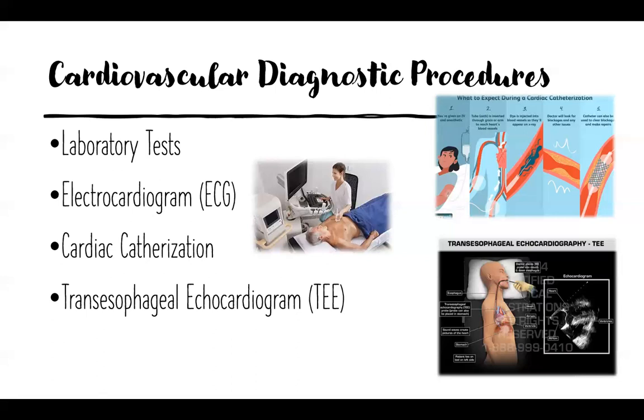All right, let's talk about the laboratory values. So serum electrolytes, right? And so that includes your sodium, your calcium, your potassium, magnesium, your chloride, right? So all of those lab values you must be familiar with. Other diagnostic procedures when we're talking about cardiovascular health could be your ESR or your erythrocyte sedimentation rate.